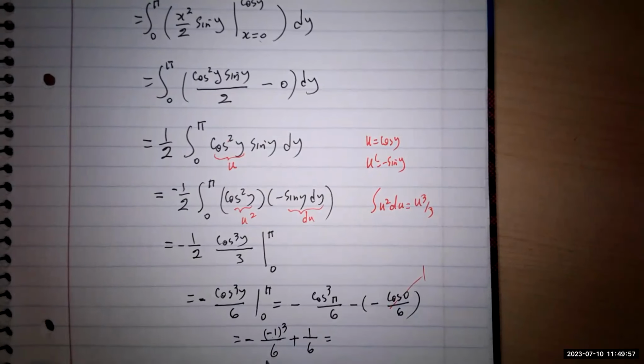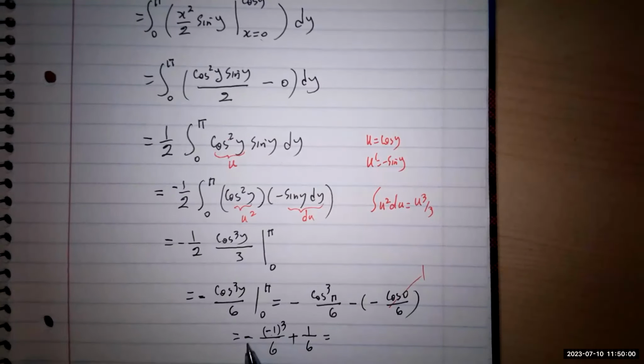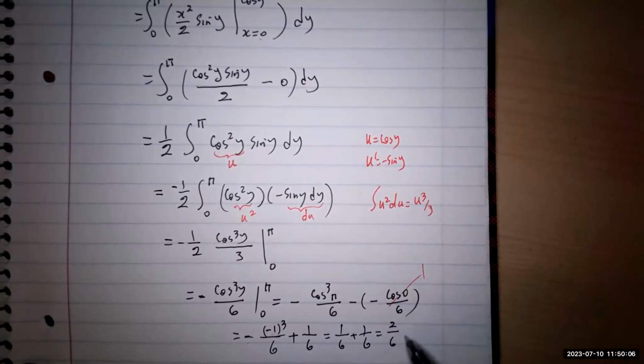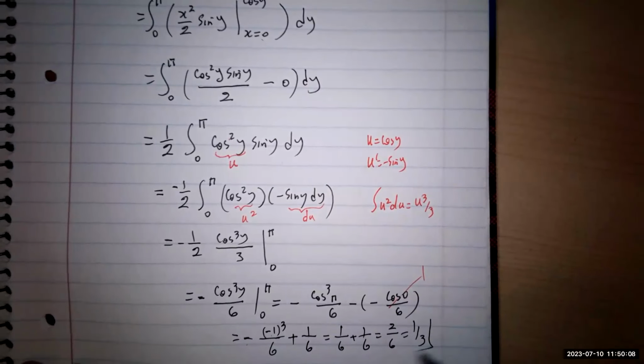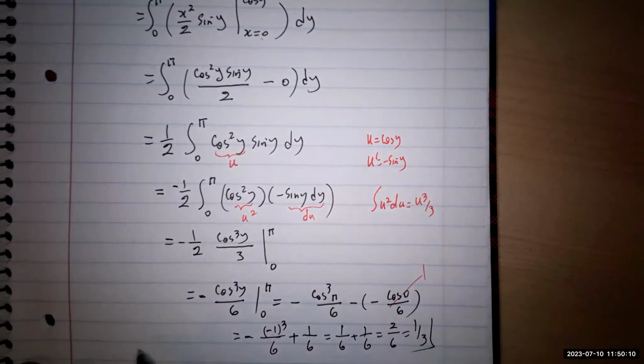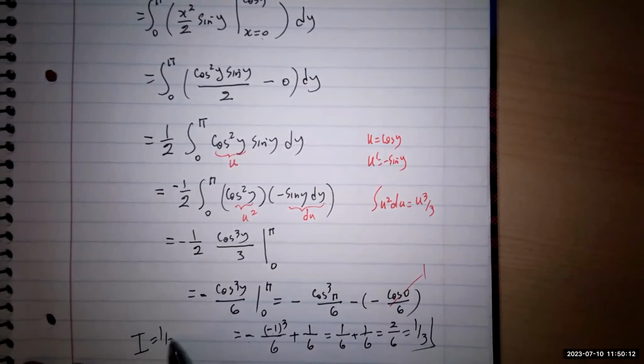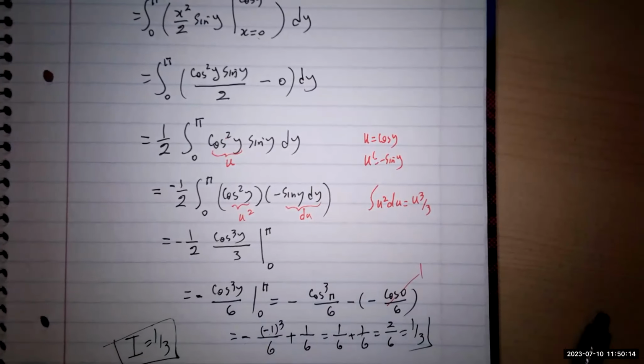Negative 1 cubed would be a negative, and negative of a negative would be positive. So that gives 1/6 plus 1/6, which is 2/6, and 2/6 is 1/3, final answer. So the integral is going to be equal to 1/3.